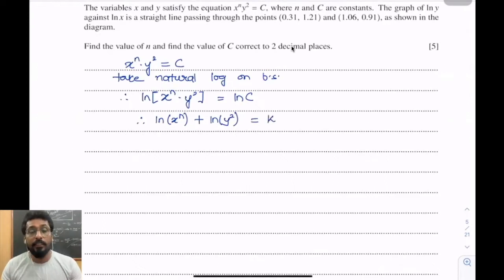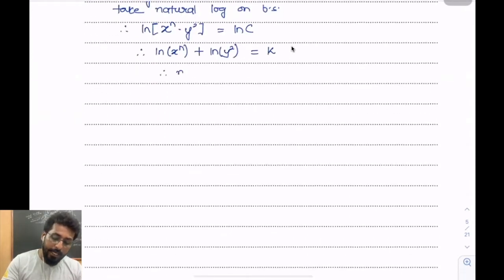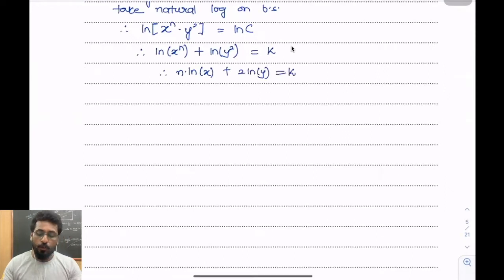Now, there is another very important property of logarithms which says that ln of a^m is equal to m ln a. So the m comes down, isn't it? So I can have the next step as n ln x plus 2 ln y is equal to k.